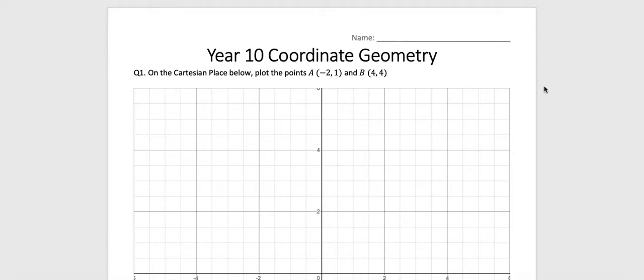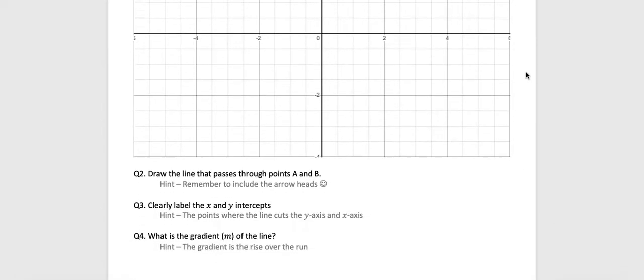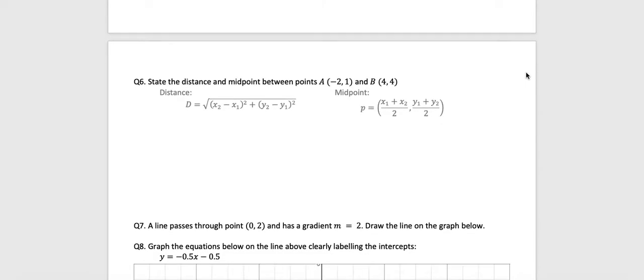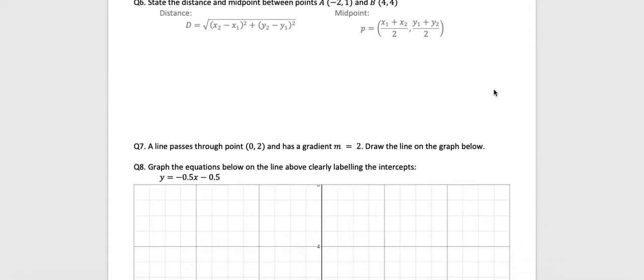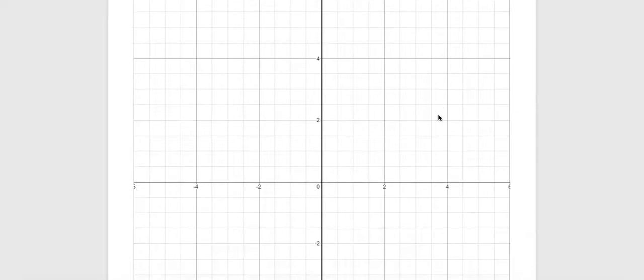So in this particular example, we've got a worksheet and we're going to start out from simply plotting some points all the way, working ourselves up to using some of the content we saw in the first lesson, so distance and midpoint between 2 points, graphing lines, and build ourselves up to being able to actually graph lines from points and gradients and simply graph from an equation in slope intercept form.